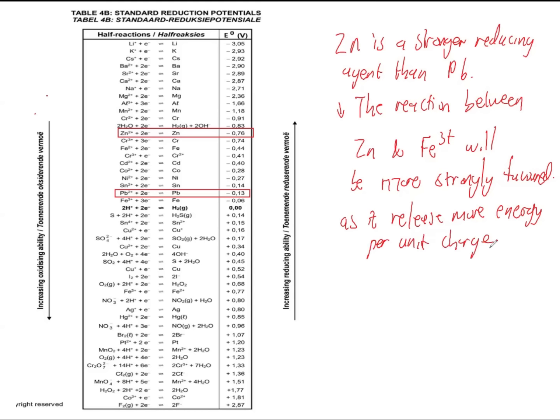So zinc is a stronger reducing agent than Pb. The reaction between zinc and Fe3+ will be more strongly favored as it releases more energy per unit charge, in comparison to the one for Pb. We can see that based on the distance and the E cell. Much more energy is released here than here. So that was a very nice question, for 2 marks that's all you were supposed to state there.